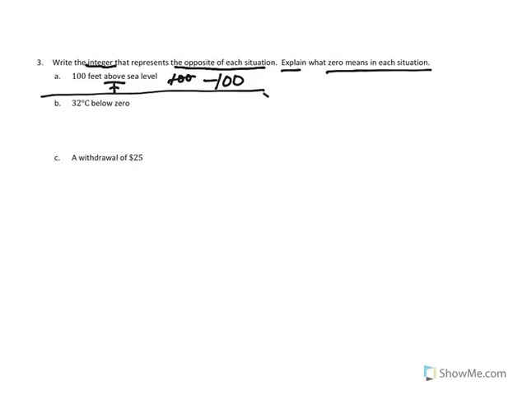Okay? The last thing they asked us to do is to explain what 0 means in the situation. So if we're talking about 100 feet above sea level, or the opposite of that, the 0 we're talking about in this situation is sea level. Okay, so looking at the next one, 32 degrees below 0, if the number is below 0, then it's a negative.